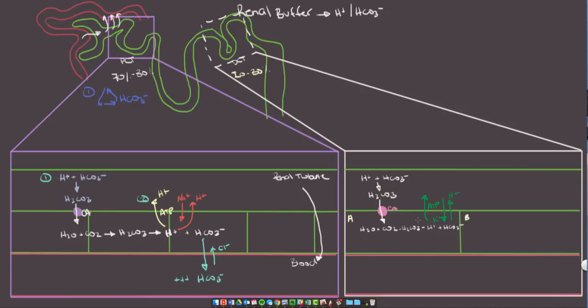So obviously we're still seeing that ATPase kicking hydrogen ions out into the renal tubule, or into our filtrate, but we're also seeing the exchange of potassium for hydrogen ions. So potassium is entering these cells while hydrogen ions are exiting these cells.